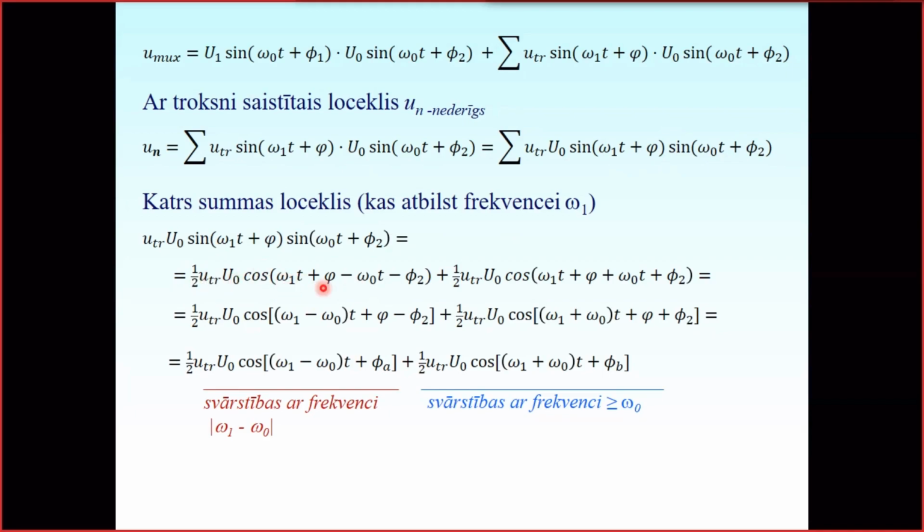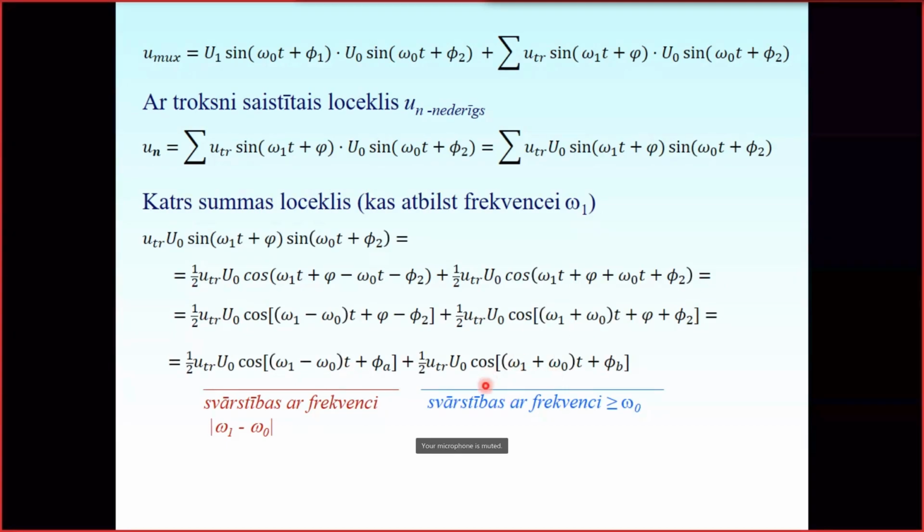The first member in this sum will be the cosine of omega 1 t plus the unknown phase minus omega 0 t and minus phase phi2 of the reference signal, and the second is omega 1 t plus omega 0 t plus these two phases. So I get oscillation with a frequency omega 1 minus omega 0, and oscillation with a frequency omega 1 plus omega 0, which is quite high frequency.